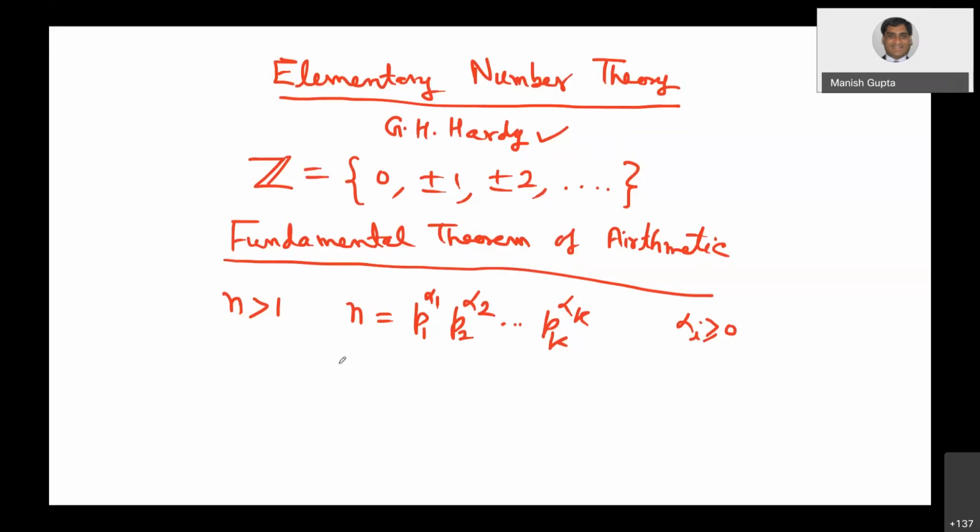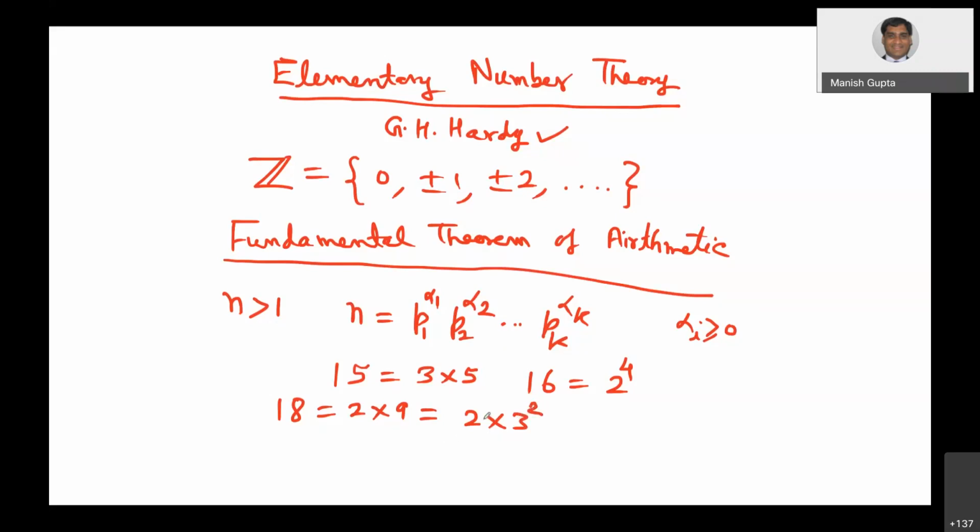For example, 15 is 3 into 5, a product of prime factors. 3 and 5 are prime numbers. Similarly, 16 is 2 raised to power 4, so here alpha 1 is 4. Or 18 is 2 into 9, which is nothing but 2 into 3 square.